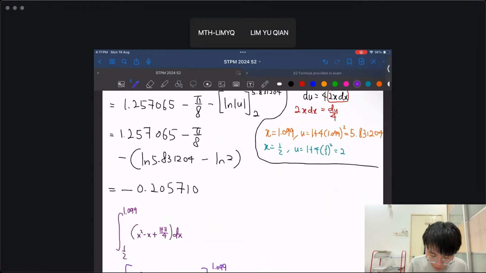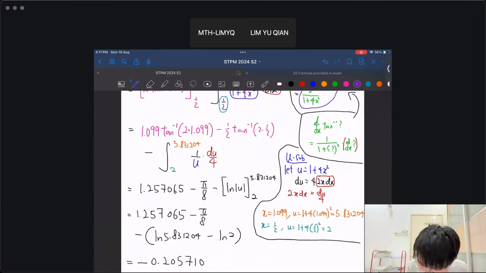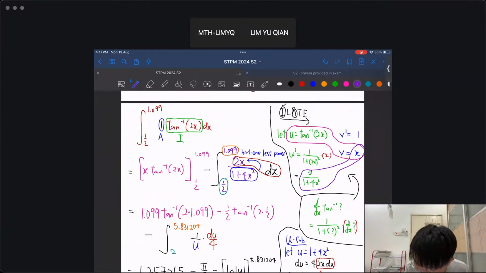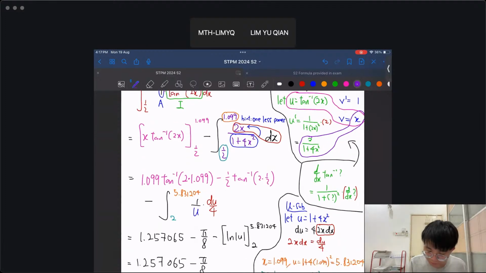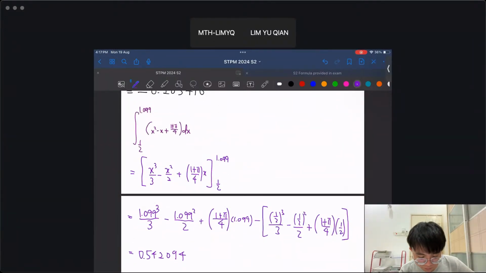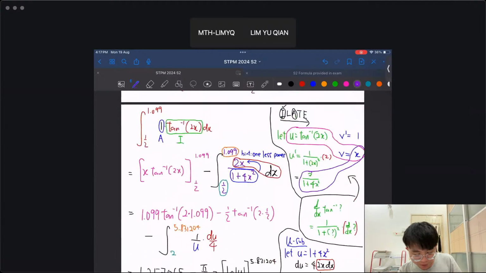Okay, this is a negative number. Anyway, let's check later. Or let's just use the calculator to check one integration by one integration.